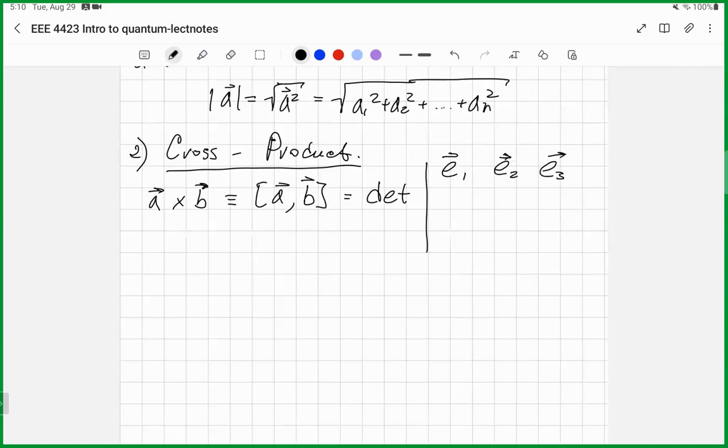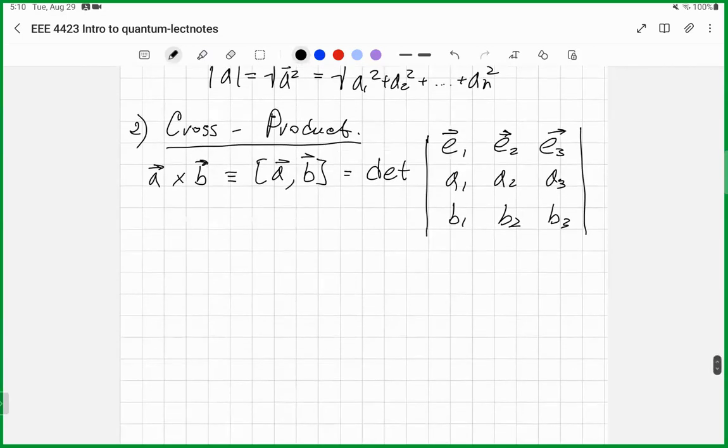So we choose the basis, and then the second row is the components of the first vector A1, A2, A3, and the third row is the components of the last vector B1, B2, B3. You will need this for some problems in your first homework.